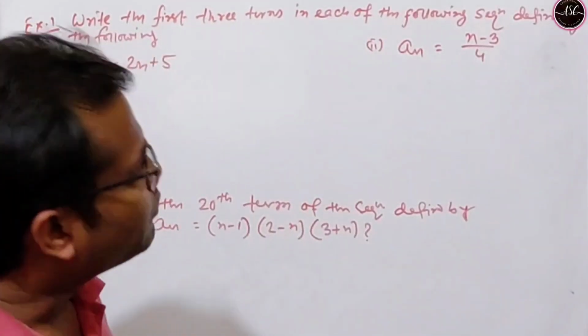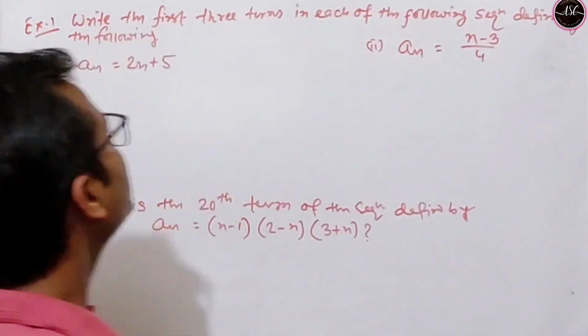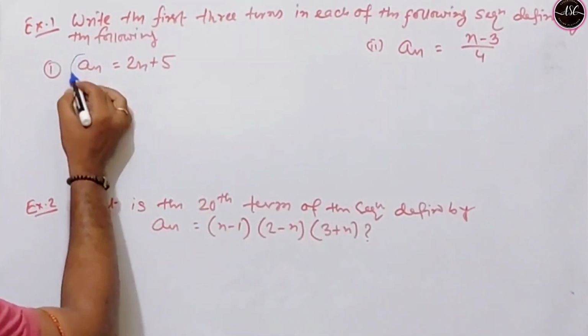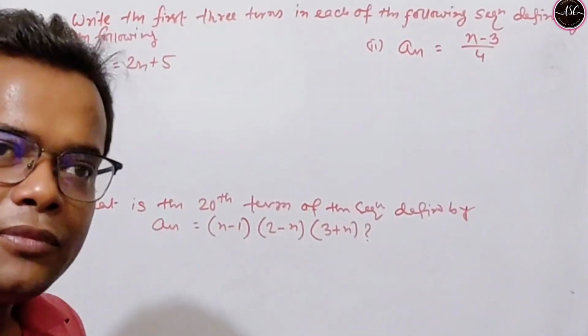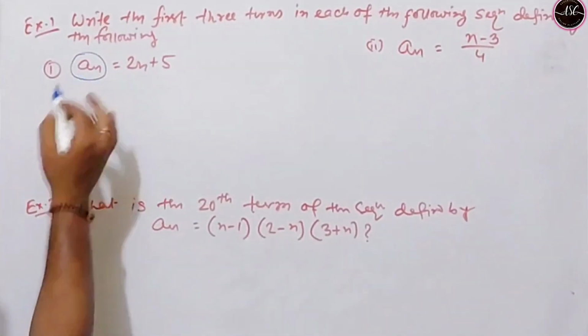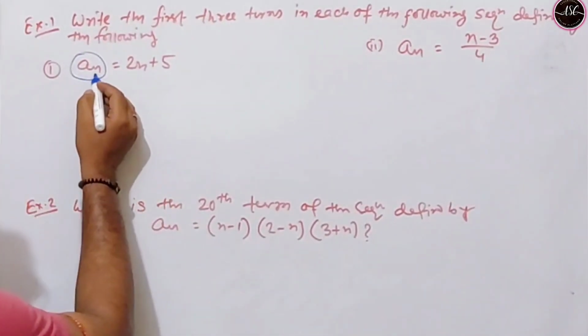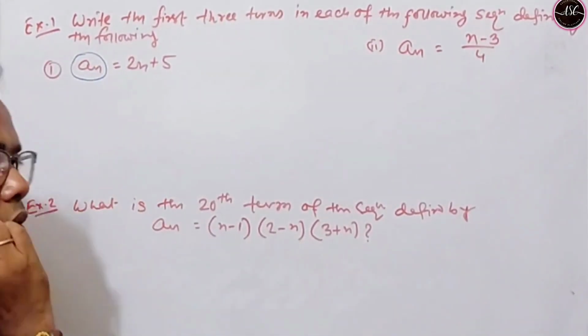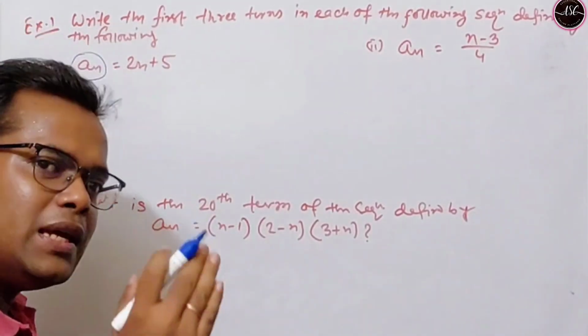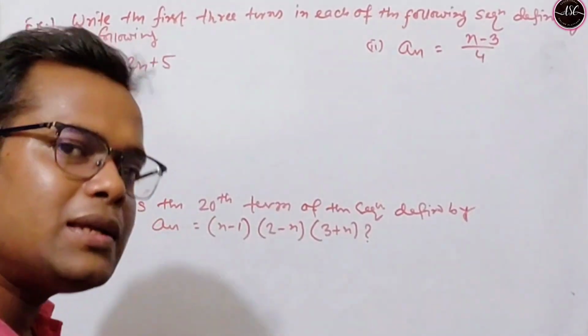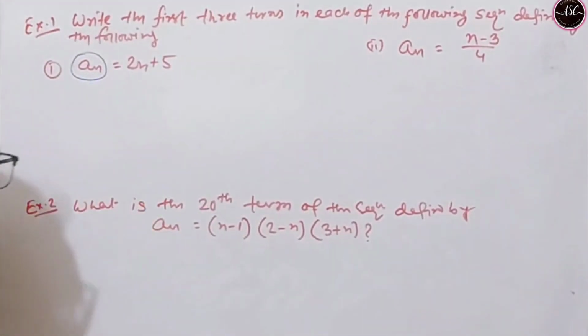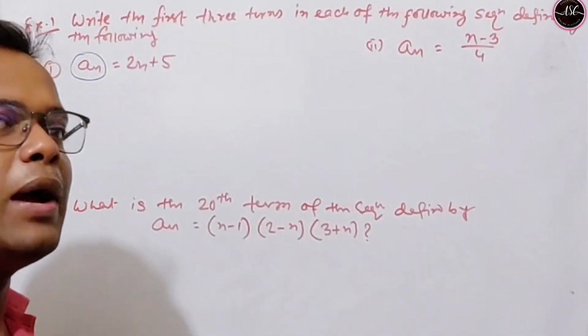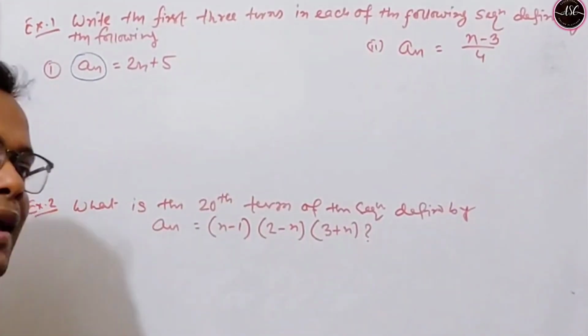Look at this example. Write the first three terms in each of the following sequences defined by the following. Here, an represents the nth term. We have seen n belongs to capital N, that means natural numbers. So in the place of n we put 1, 2, 3 and find the value, so we will get the terms.